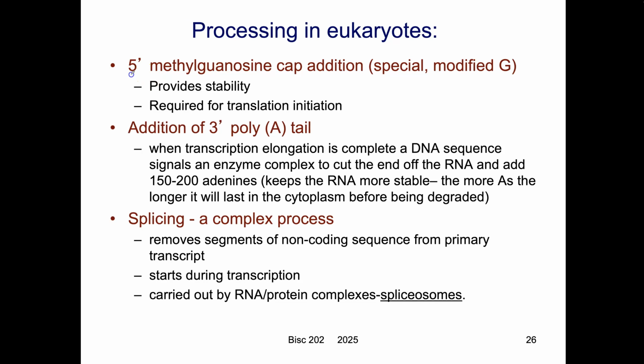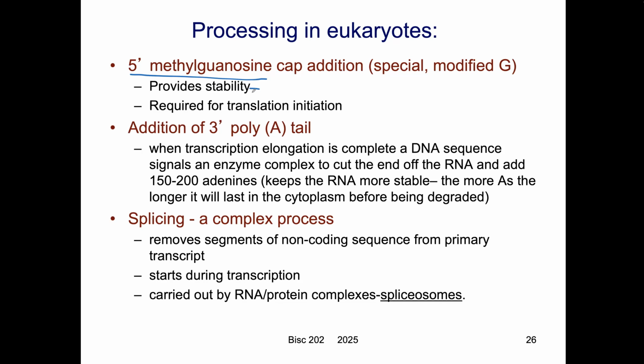So on the 5' end of that RNA, the very first nucleotide that's added is a special G, and it has a methyl group added to it. So it's a chemically altered G, and it's required for stability. So there are nucleases, proteins in cells that digest or degrade RNAs in particular.